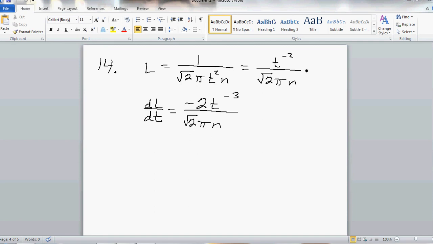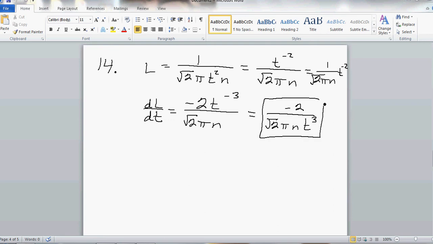We could have written this as 1 over the square root of 2 pi n times t to the negative 2, and it's much more obvious that this is now a coefficient, and I just take negative 2 times that. But now we don't like this negative exponent, so rewriting it into its final form would be the square root of 2 pi n. We're going to put a t cubed down here and a negative 2 up here on the top. And this is the derivative, what we were asked to find, dL/dt.